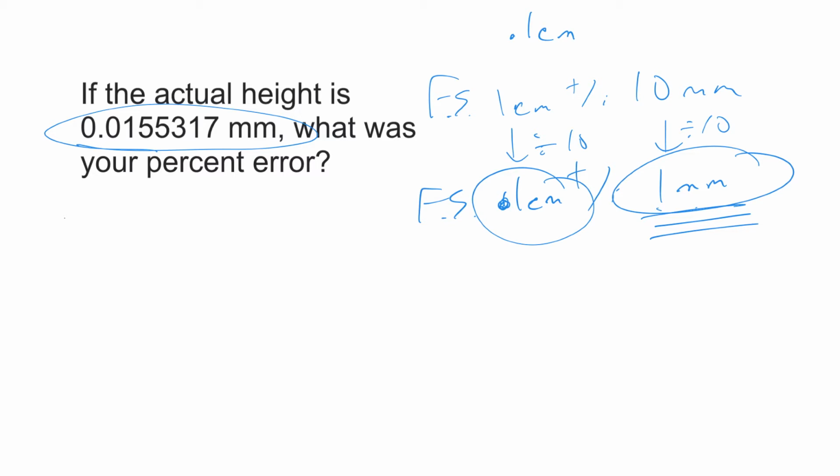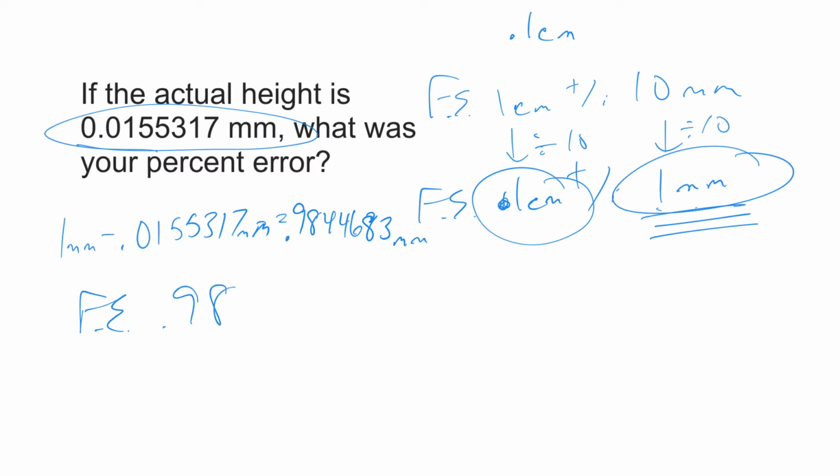So I'm off by 0.9844683 millimeters. So for every 0.9844683 millimeters, there should have been 0.015317 millimeters.